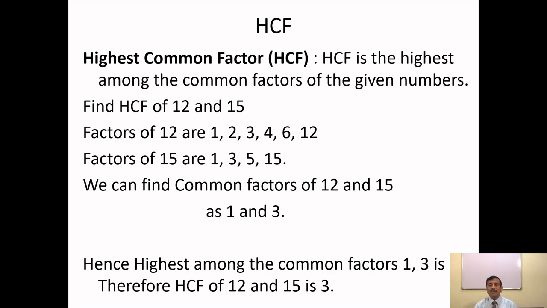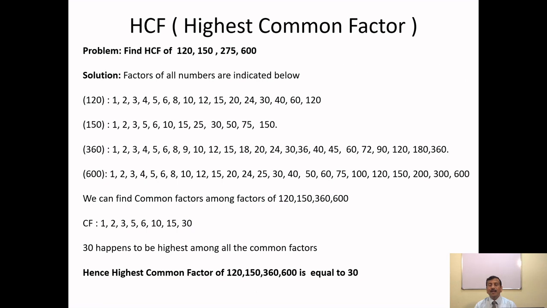Let's go for a more difficult problem. Let's find out the highest common factor of 120, 150, 360 and 600. Again, the method will remain the same. We try to find out factors of all the numbers as indicated below. 120 is divisible by 1, 2, 3, 4, 5, 6, 8, 10 and so on. 150 is divisible by 1, 2, 3 up to 150.